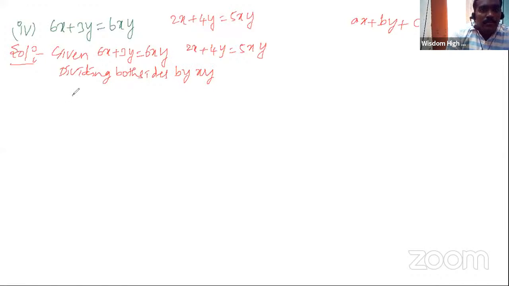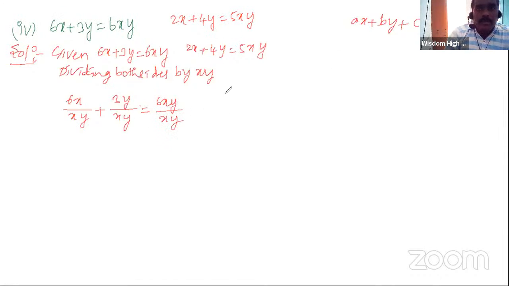Now we are dividing 6x by xy plus 3y by xy is equal to 6xy by xy.